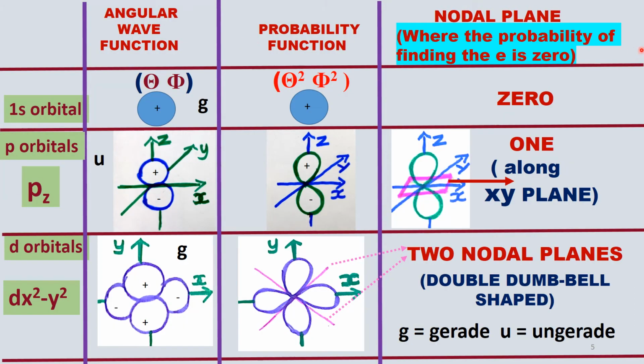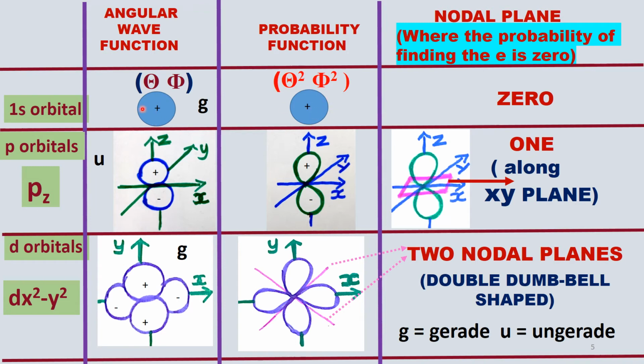Let us see here what are called nodal planes. The angular wave functions and angular probability functions for the 1s orbital, p orbitals, and d orbitals are shown here. Here it is spherically symmetrical and everywhere positive, as I said.